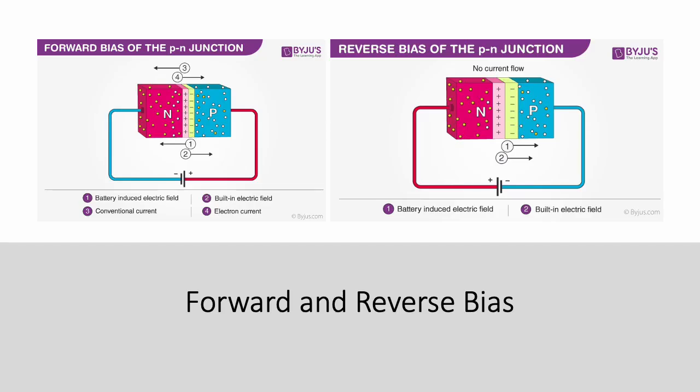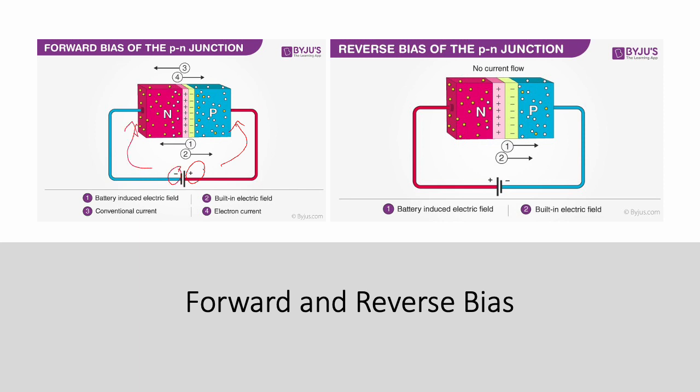Now to discuss the forward bias and the reverse bias of a PN junction. In forward bias, applying a forward bias voltage to the PN junction means connecting the positive terminal of a voltage source to the P side and the negative terminal to the N side.